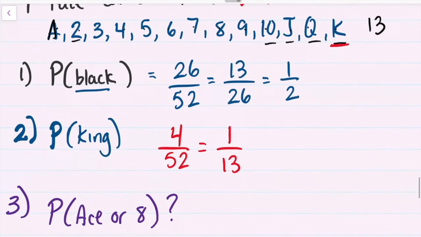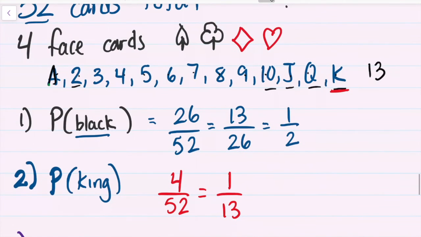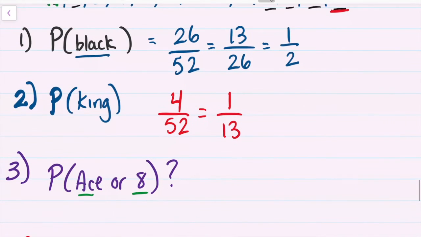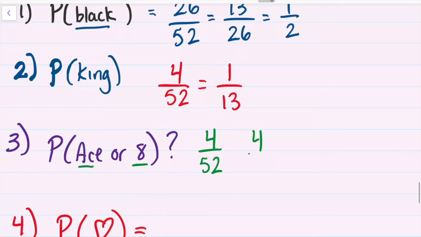And what is the probability of getting an ace or an 8? Now, this is a tricky one because we have "or." I want either one of these to happen. So, aces. We have 1 ace in every suit, and we have 4 suits. So, for the aces, it's 4 out of 52. How many 8s do we have? We have 1 for every suit. So, once again, it's another 4 out of 52.